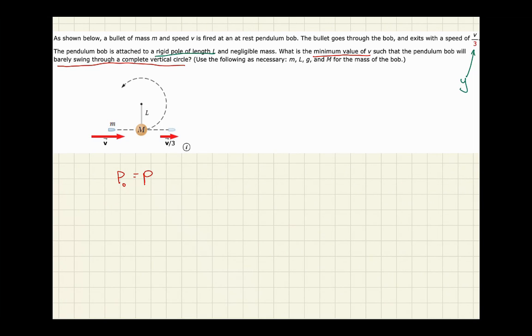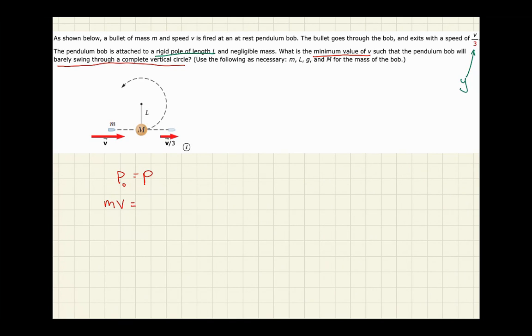Pre-collision, the only momentum comes from the bullet, so that would be m times v. After the collision, we have the bullet and the moving bob.